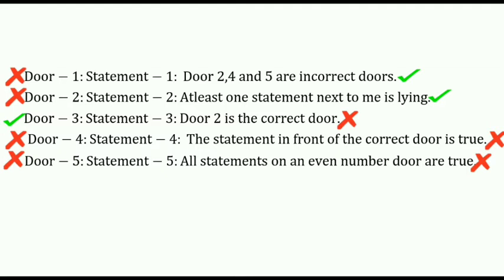According to the question, 2 statements are correct and the remaining 3 are false. And look at that, statements 1 and 2 are true, but statements 3, 4 and 5 are false. And none of the statements opposes making any statement true or false. So door 3 is the correct door.